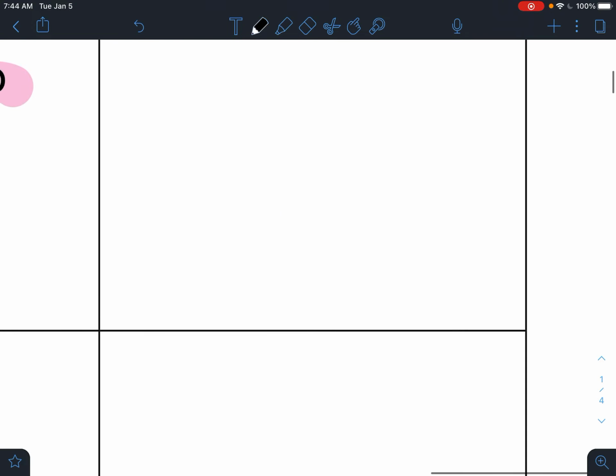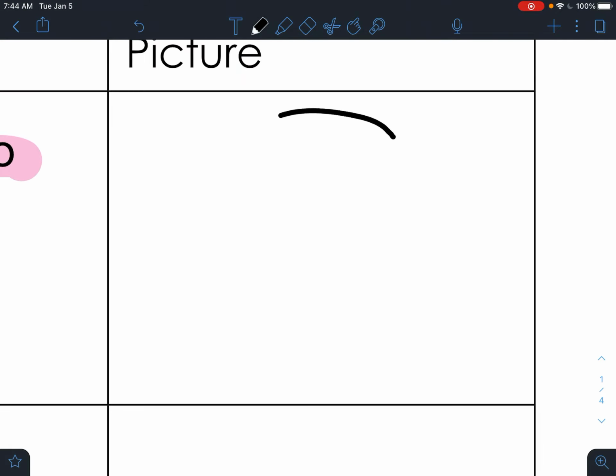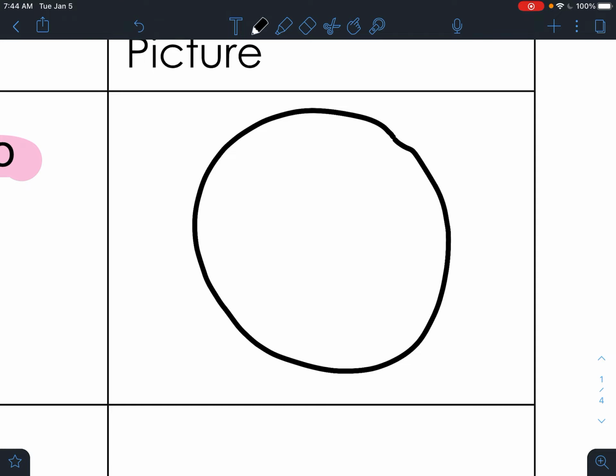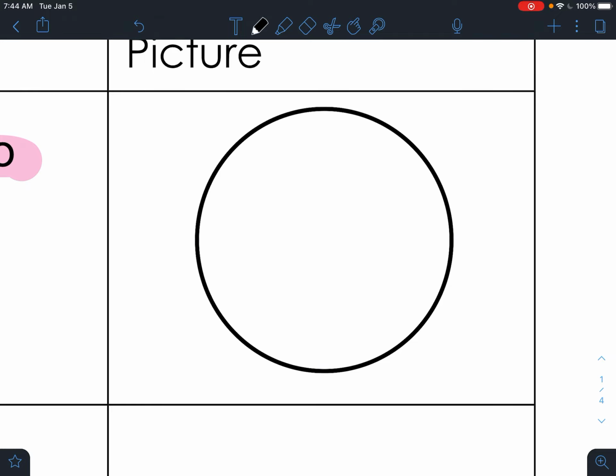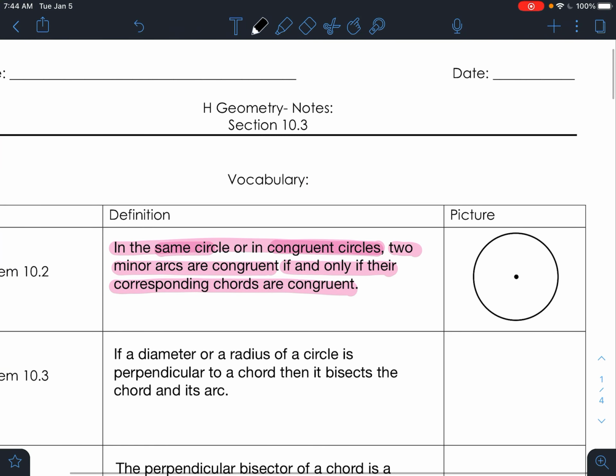Okay. So I'm going to draw a picture of this. I'm just going to draw it in the same circle. So I'm going to start with the circle, and I'm going to put my center in that circle. Oh, that's a pretty big center. Okay, so it says 2 minor arcs are congruent if and only if their corresponding chords are congruent.